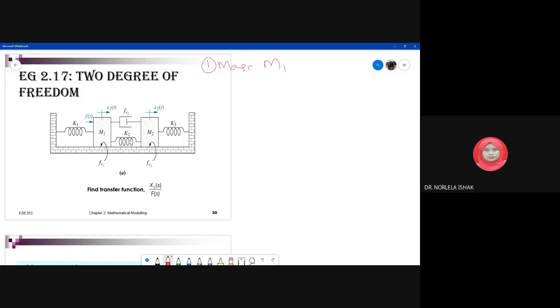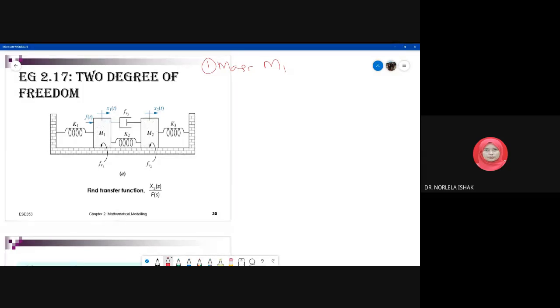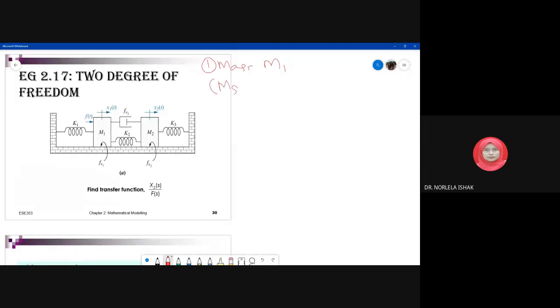What's the impedance connected to the motion at x1? So meaning M1 s squared. Okay. Hold on.